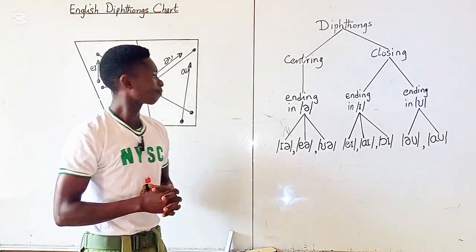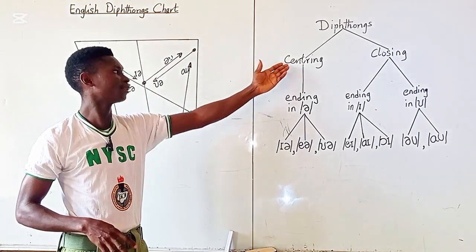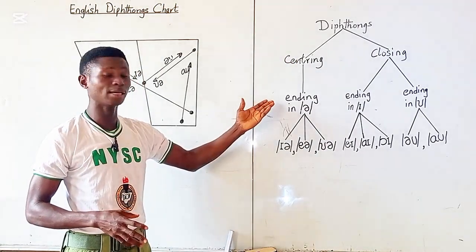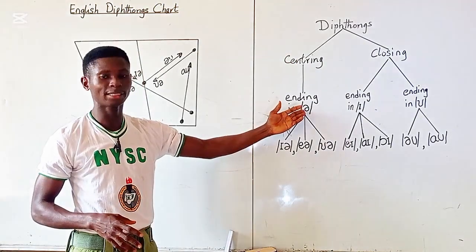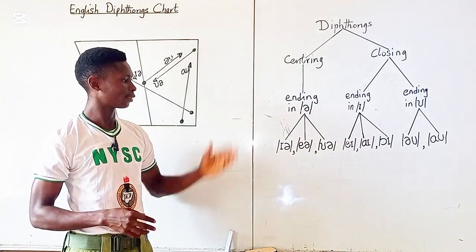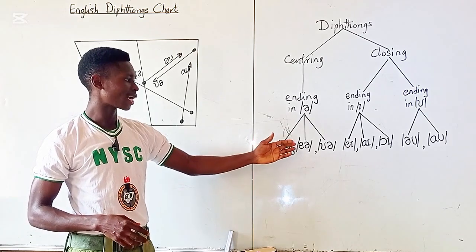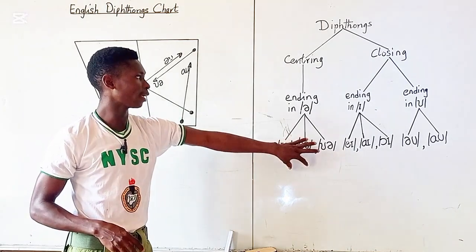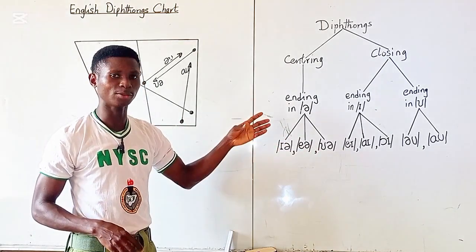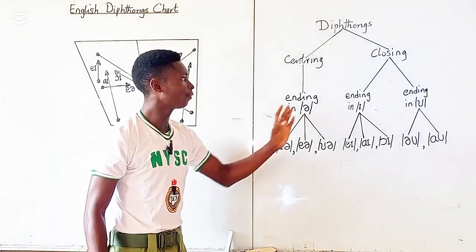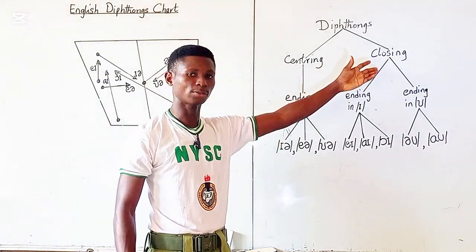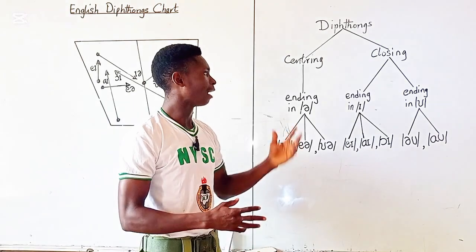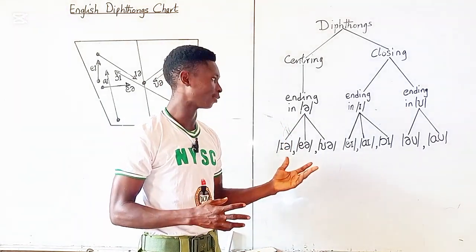All right, so under the centering diphthongs, we have those sounds ending in the schwa sound, such as ear, air, and or. So these three are the centering diphthongs we have in English language. Then for the closing diphthongs, we have up to 5 sounds, and they are further divided into two categories.